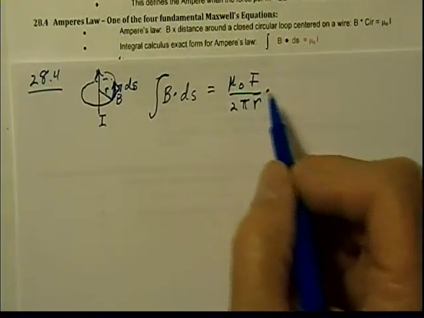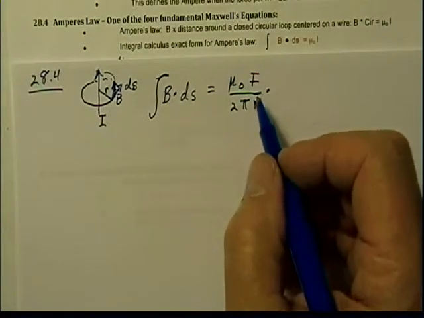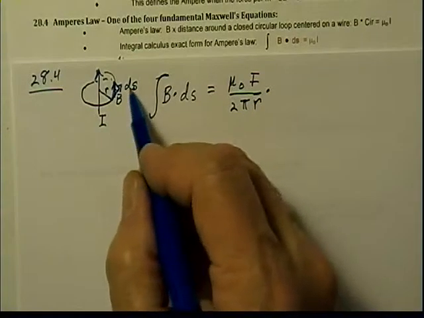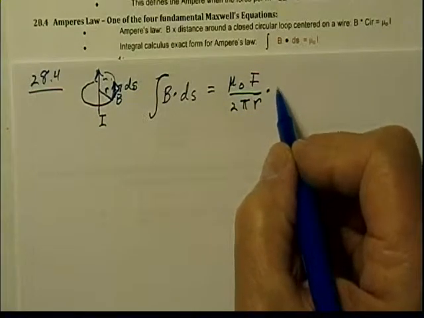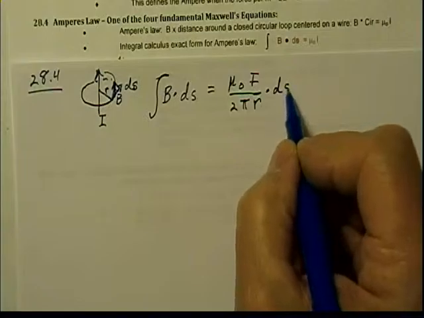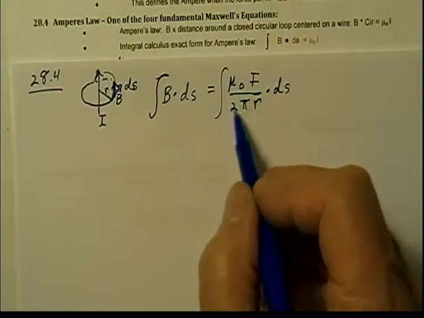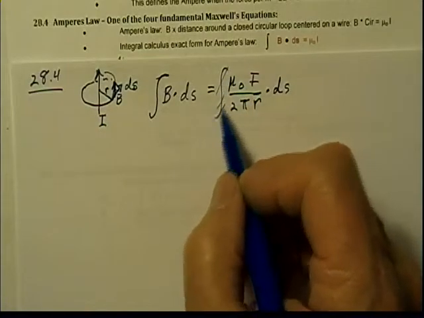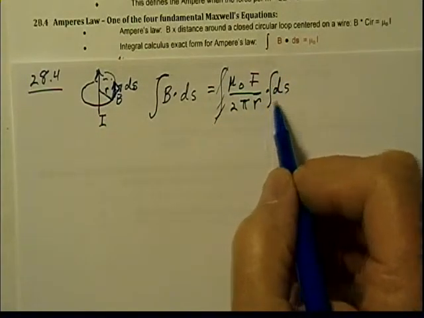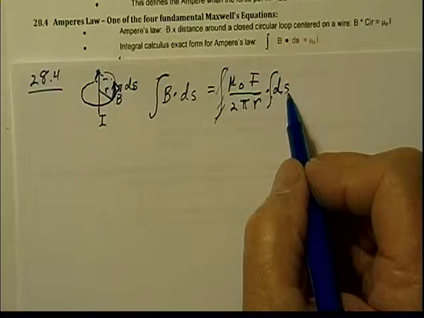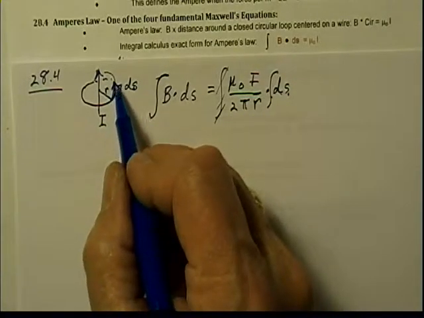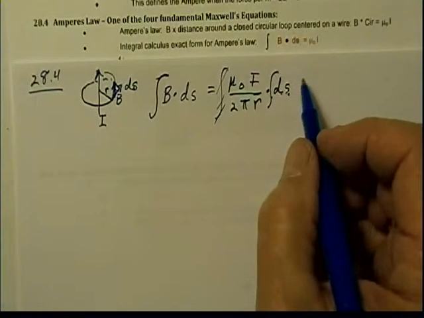Now we want to take the dot product of that with our distance ds, and we want to integrate that all the way around the circle. But this is constant all the way around the circle, so we can move our integral to here. Well, the integral of ds going around the circle is simply the circumference of the circle. We're adding up all the little lengths all the way around the circle.